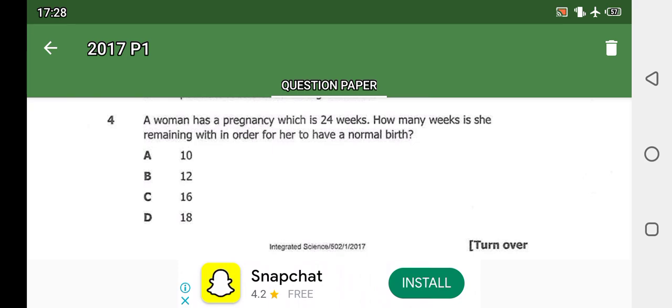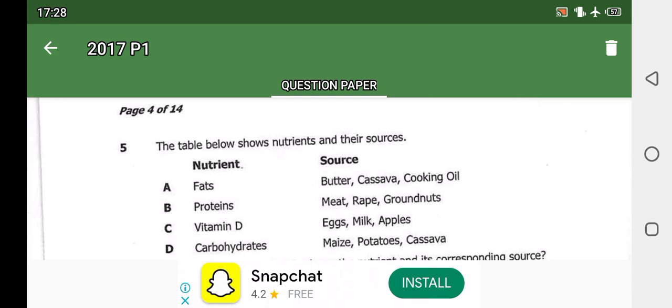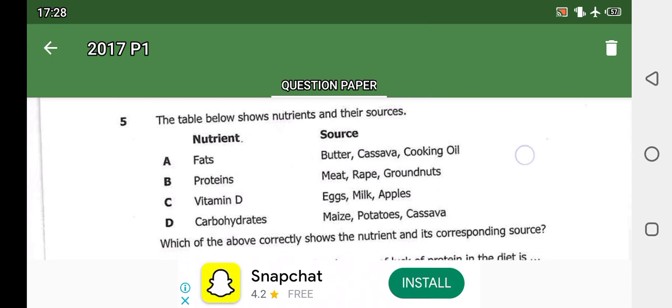Am I right? 40 minus 24 is 16. So the correct answer is C. The table below shows nutrients and their sources.